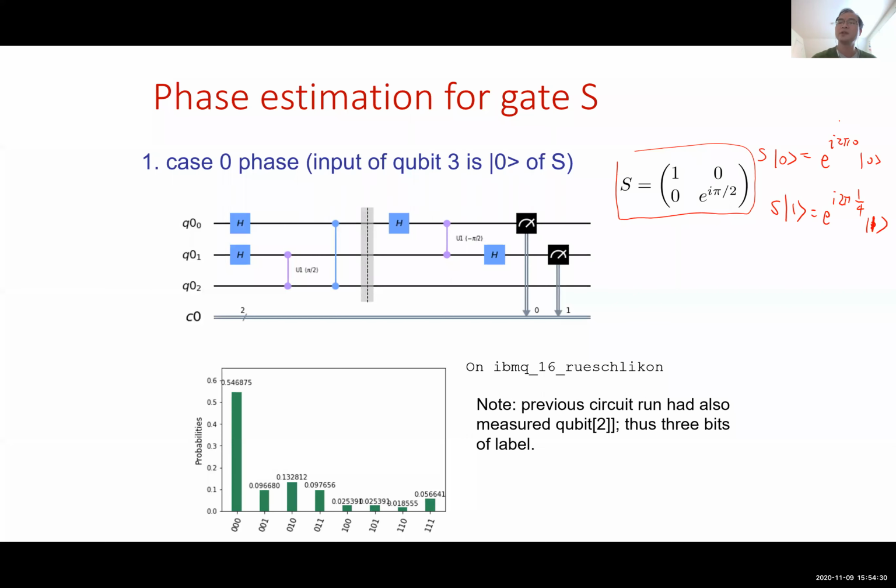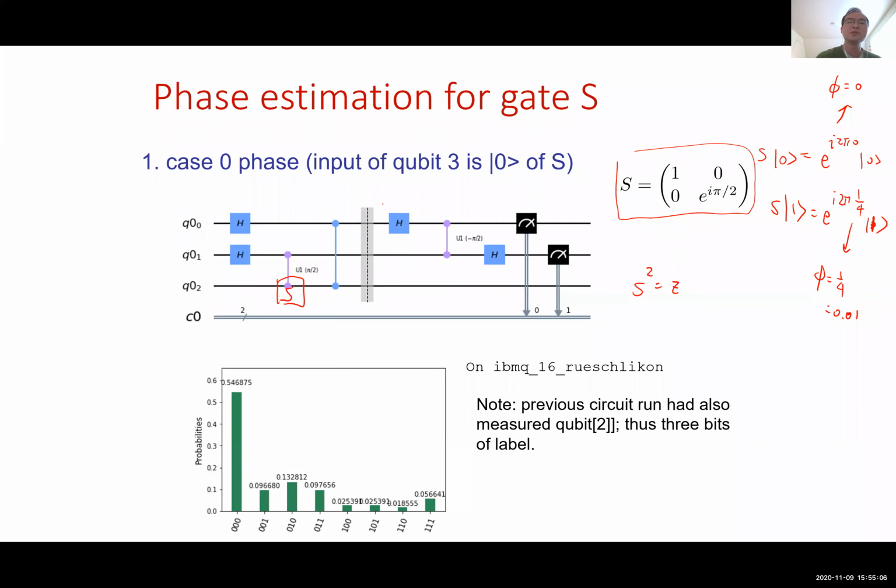So the phi here is 0. Phi here is 1 over 4, so that's 0.01. Okay. So what I'm doing here is applying a control S gate, and this is control S gate squared, but S squared is Z, so I'm really doing a control Z here. So this is just control Z.